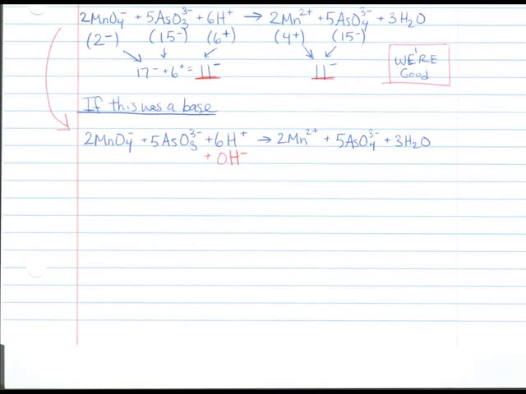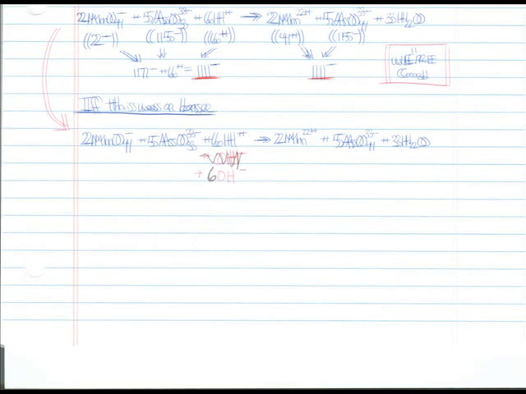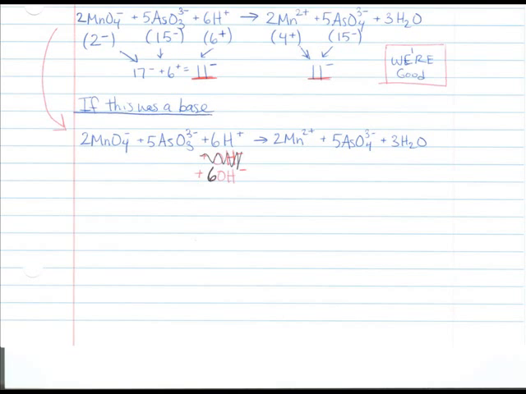This is because in a basic solution you're going to have OH minus instead of H plus, because H plus is for acidic solutions. Note that you have to cancel out your H pluses with OH minuses. So you have 6 H pluses, you cancel them out with 6 OH minuses.